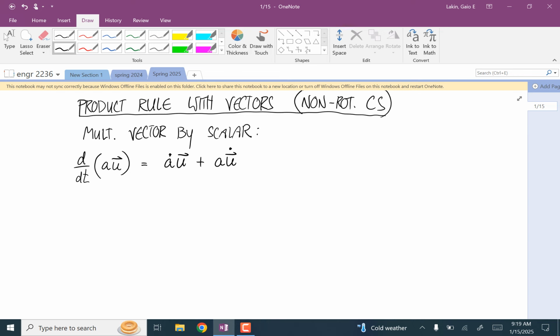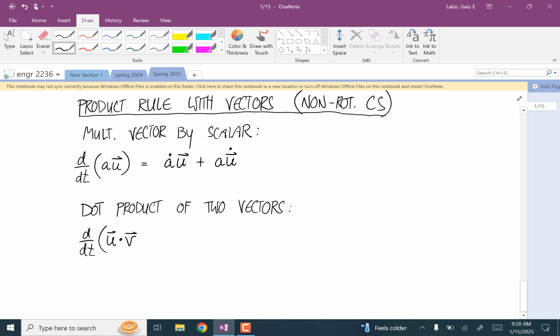Okay, so now, what if you have two vectors multiplied using the dot product? So we're taking the time derivative of, let's say, a vector u dotted with a vector v.